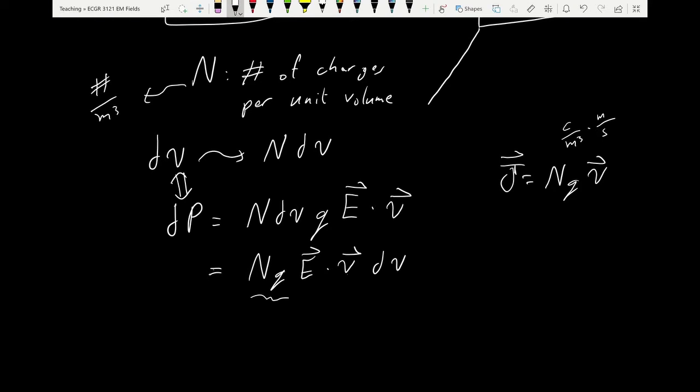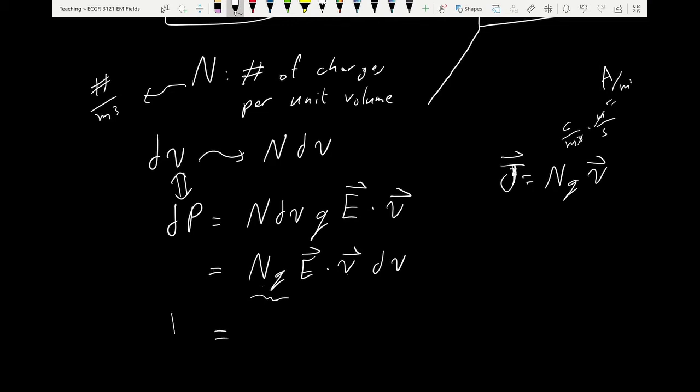That gives me Coulomb over second, which is ampere over meter squared. You have to go back to the previous lecture and you'll see that we derived this already. So the amount of charge in the unit volume times the velocity gives me the current density. So NQV is the current density.